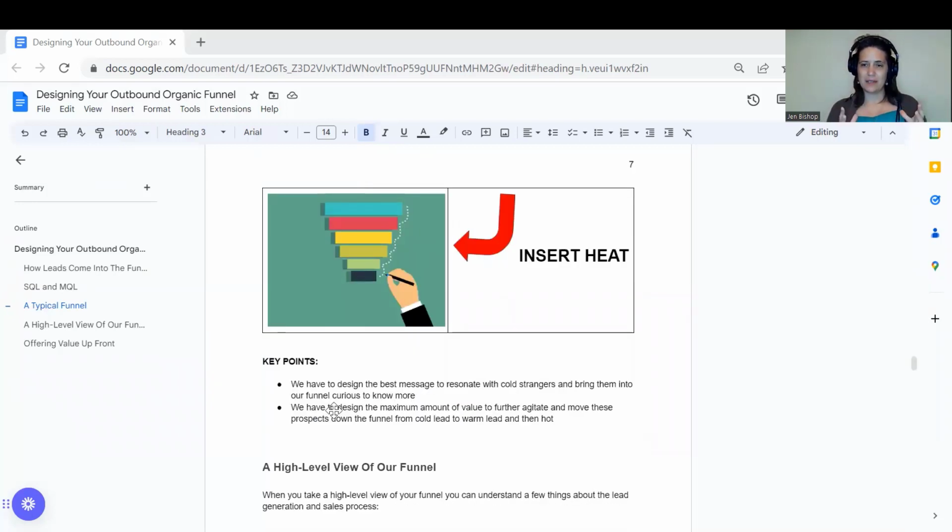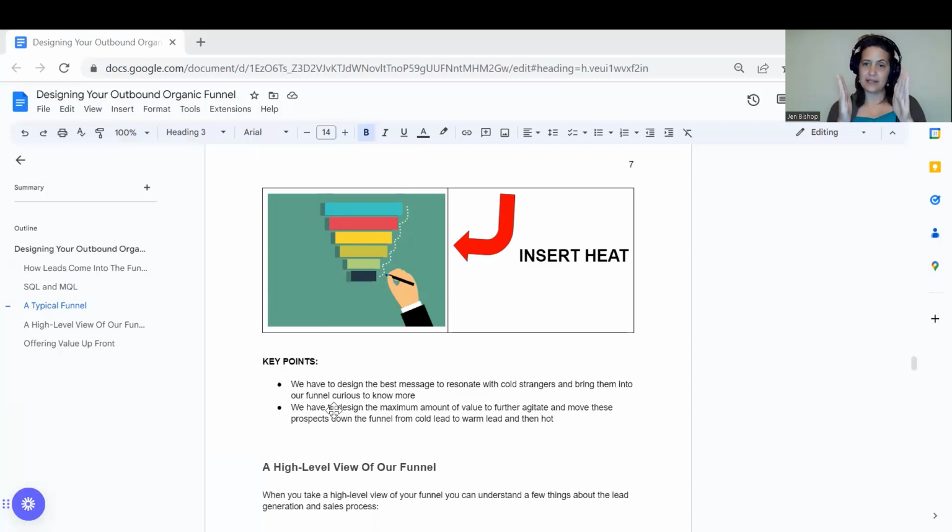So ultimately, at this point, whether we're doing organic advertising or we're doing paid advertising, what I just want us to pause and take away is that at the top of the funnel, we want to create the best messaging we can to resonate with cold strangers and bring them into our funnel.